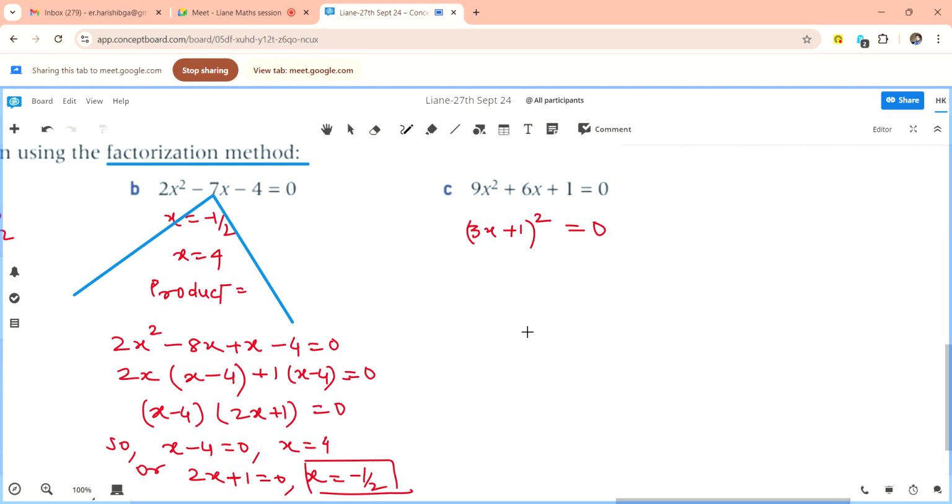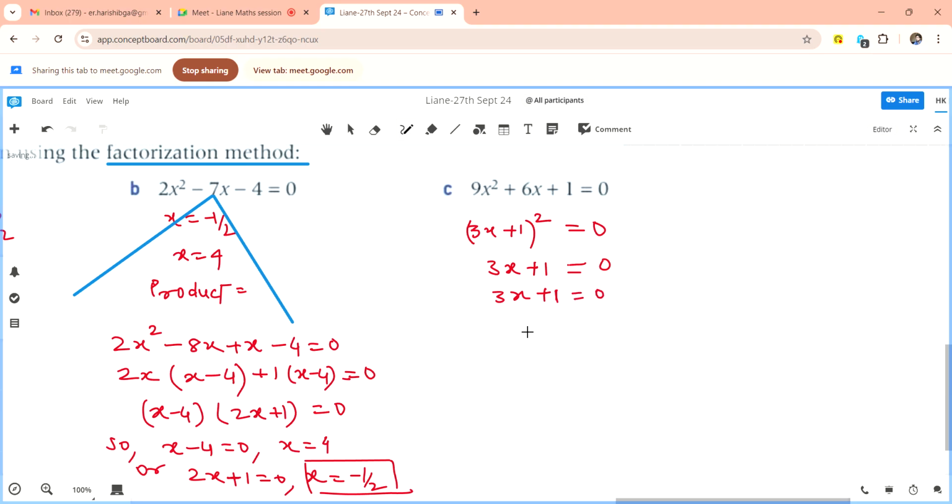That's 9x squared plus 1 plus 6x. From here we can see both of the factors here are 3x plus 1, and the solutions of x are actually both the same. It's 3x plus 1 and 3x plus 1. We have the two factors still, but both are equal.